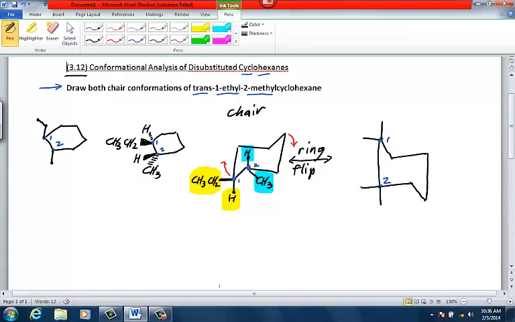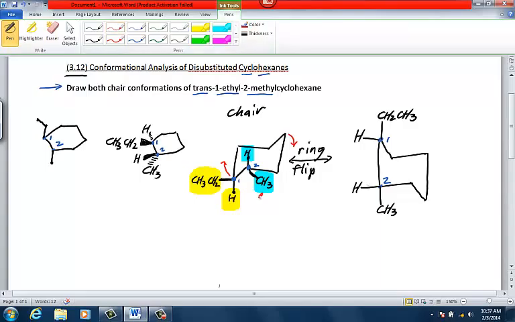And on carbon 1, the ethyl used to be equatorial, so now it should be axial. And the methyl used to be equatorial, so now that methyl should be axial. So basically they've reversed.